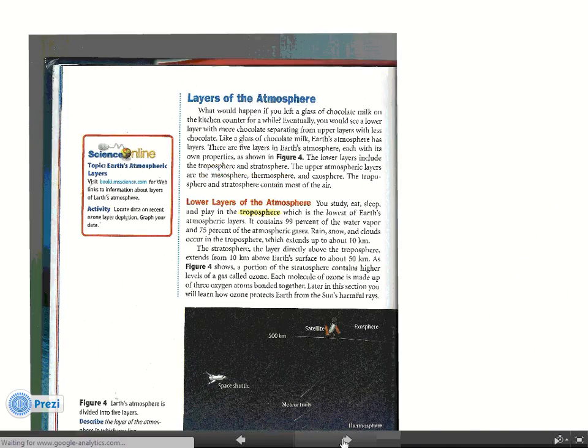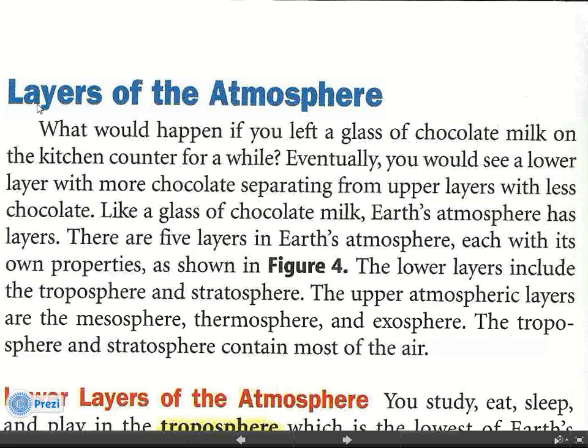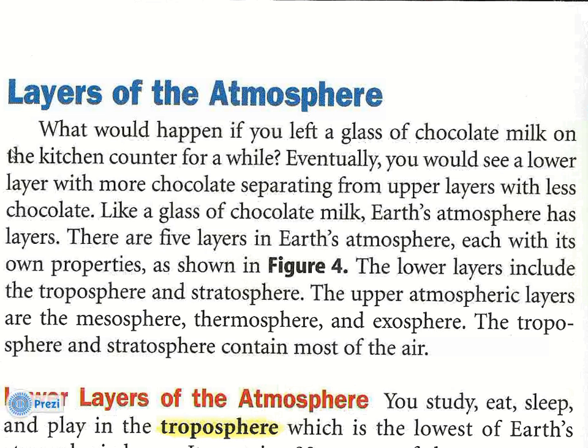All right, we're going to start reading. So the layers of the atmosphere. What would happen if you left a glass of chocolate milk on the kitchen counter for a while? Eventually, you would see a lower layer with more chocolate separating from upper layers with less chocolate. Like a glass of chocolate milk, Earth's atmosphere has layers.